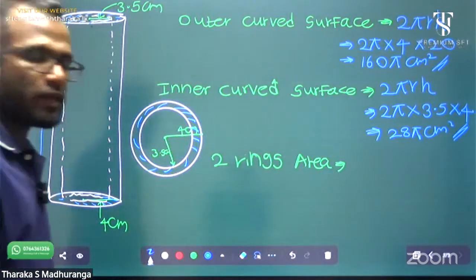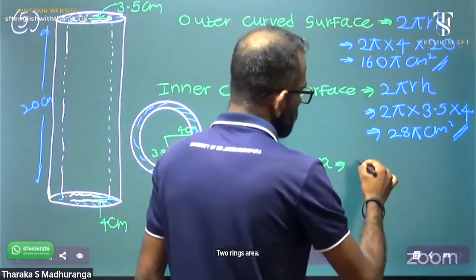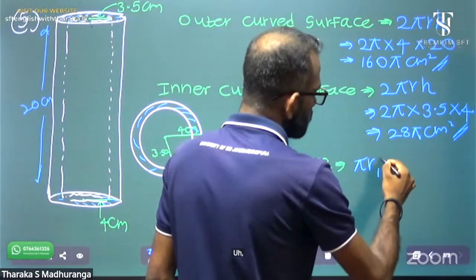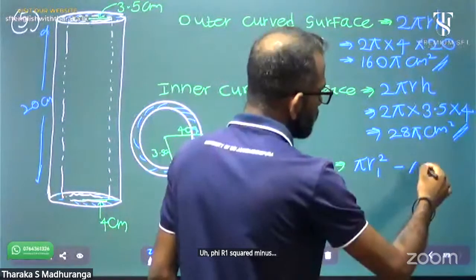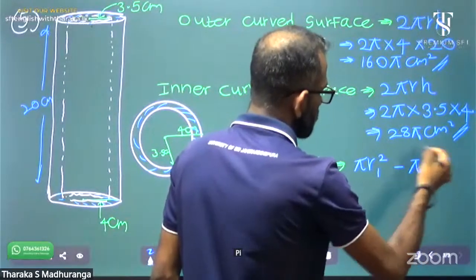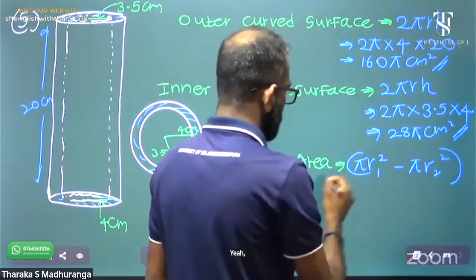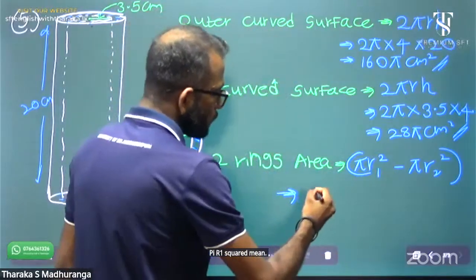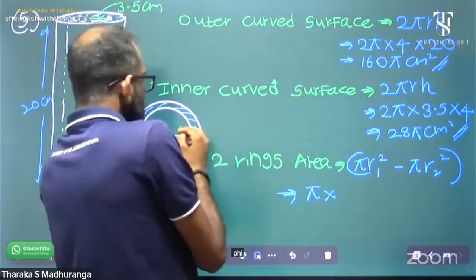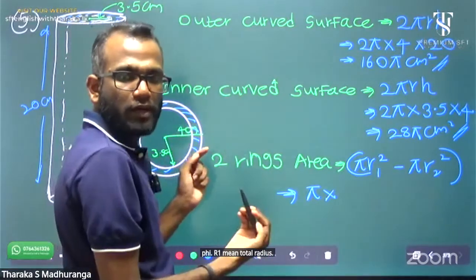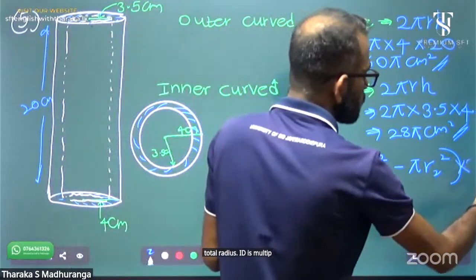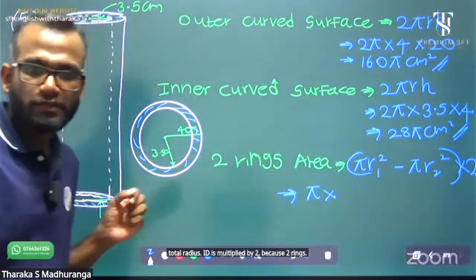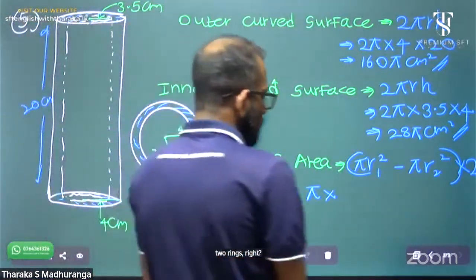Two rings area: πr1 squared minus πr2 squared. Yeah, this equation. R1 means total radius. It is multiplied by 2 because 2 rings. Right?